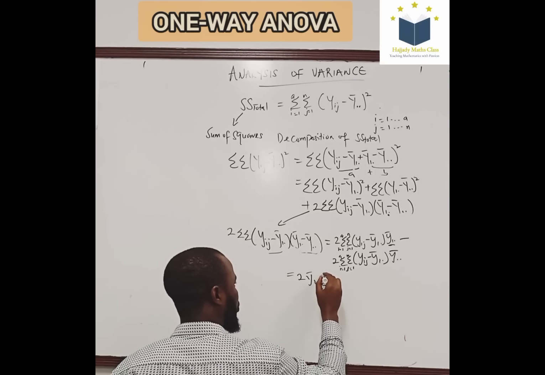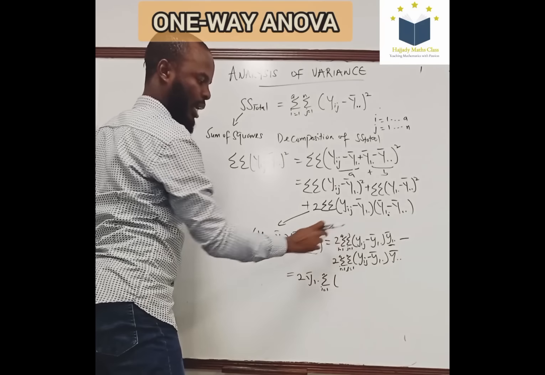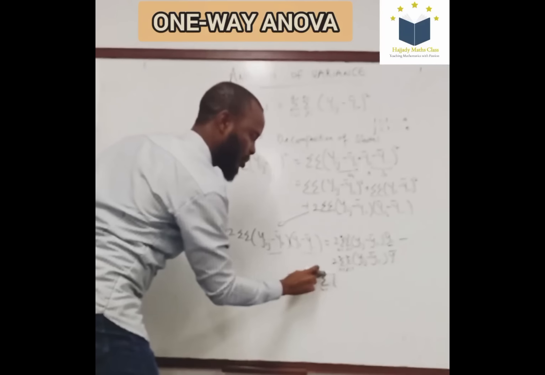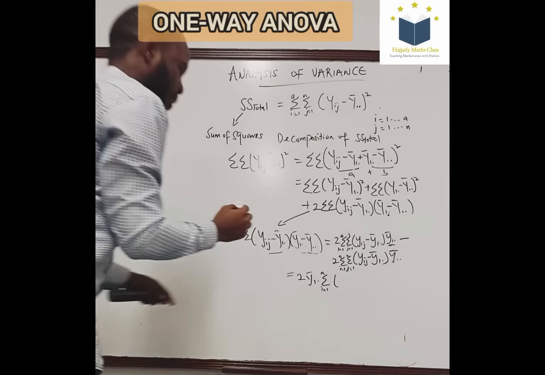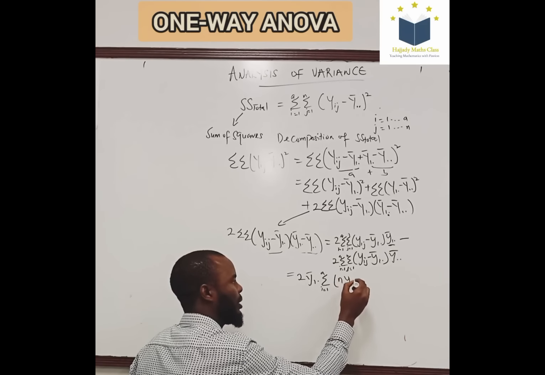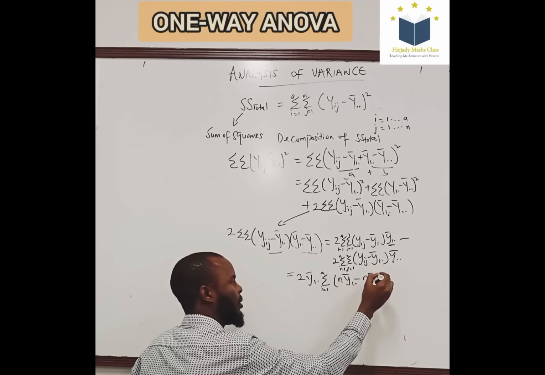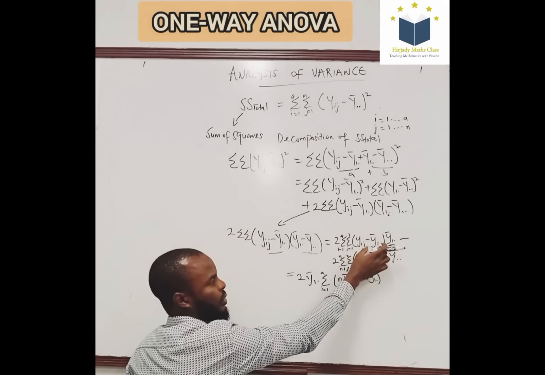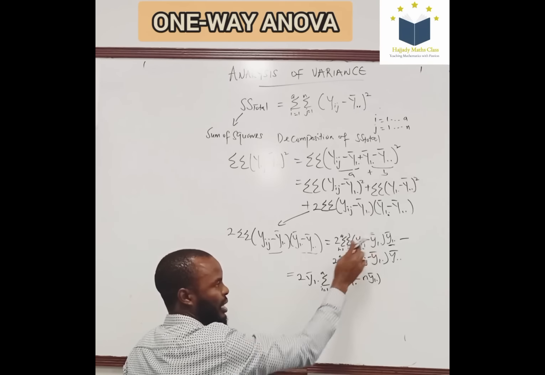Since my j sums from 1 to n, then I can say this is the same thing as what? We adding n yi dot bar minus n yi dot for this. Okay? When you take this sum to go in here, you have the same thing as this.